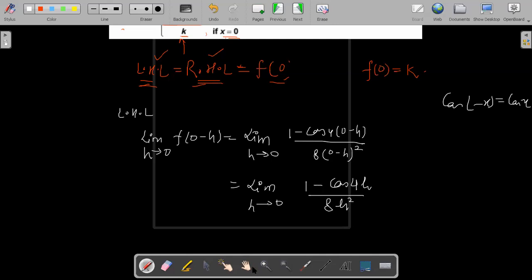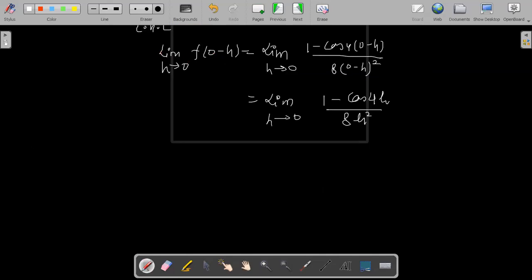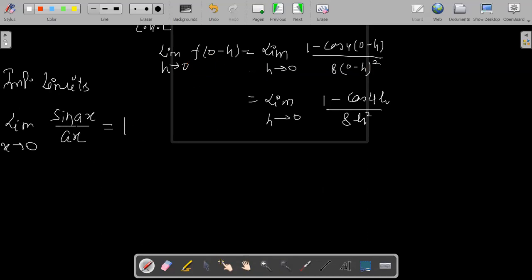Now I'm going to use one of the limits. Some important limits are here, and you have to memorize the results of these limits. Limit x tends to 0 of sin ax upon ax gives us 1.